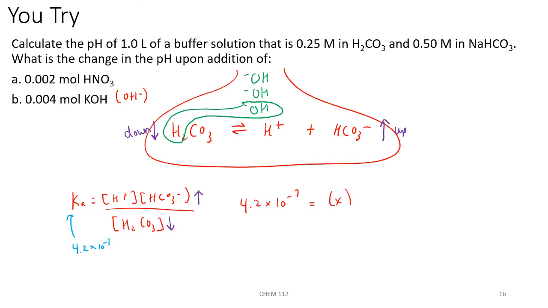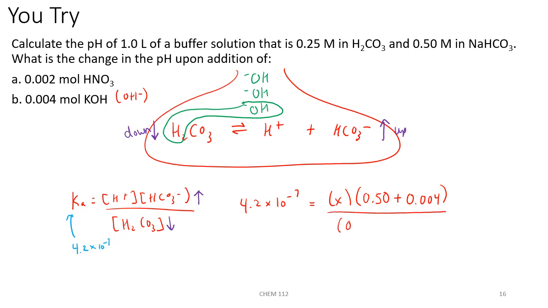X is still going to be for our hydrogen ion concentration, our carbonic acid concentration initially, and our bicarbonate ion concentration initially is going to come from the problems. We had 0.50 as our initial concentration of bicarbonate, and we're going to add 0.004 to that because that's how much base we're adding in.